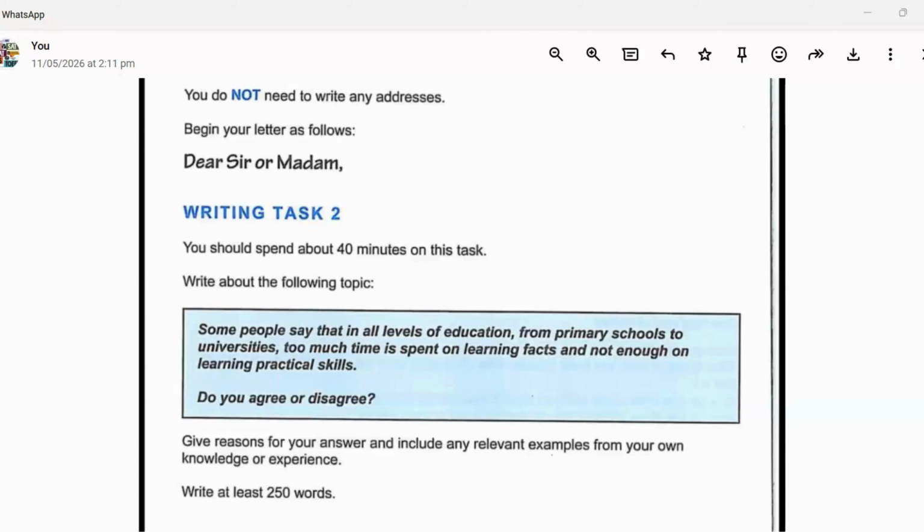Now, you start with an introduction, which is what? I paraphrase the topic. That is, employers usually ask applicants to provide personal information such as their date of birth, hobbies and interests, whether they are married or not. Most people consider this to be necessary in the recruitment stage, while others disagree.